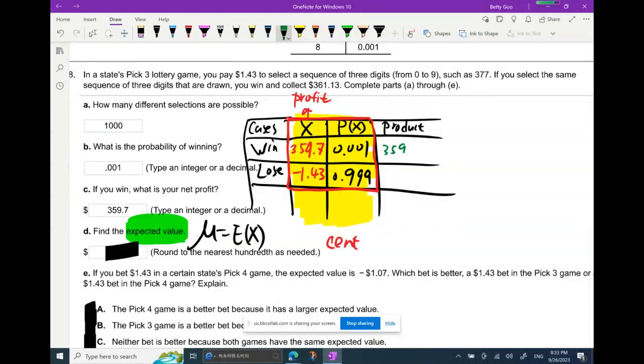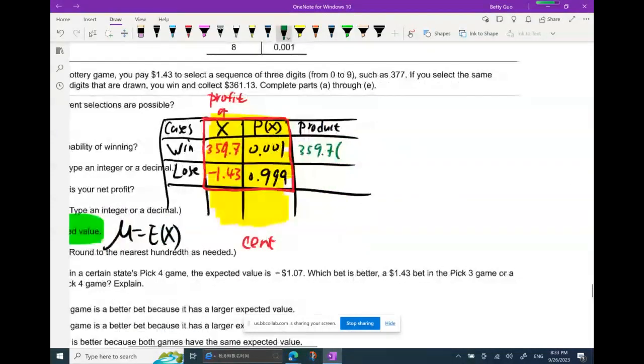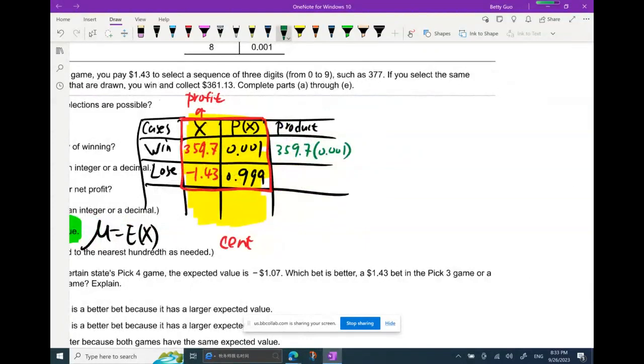So 359.7 multiplied by 0.001. Use your calculator. And here we also have negative 1.43 multiplied by 0.999. Let me do the calculator. Let me get the product quickly. So we have 359.7 times 0.001.